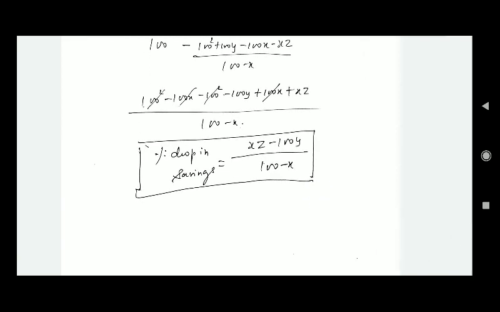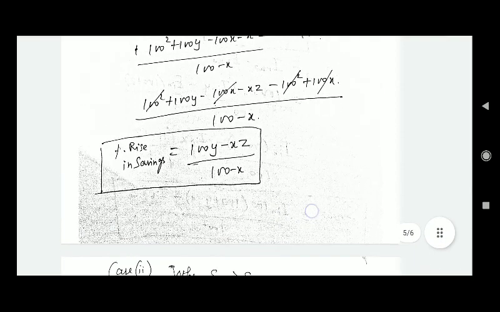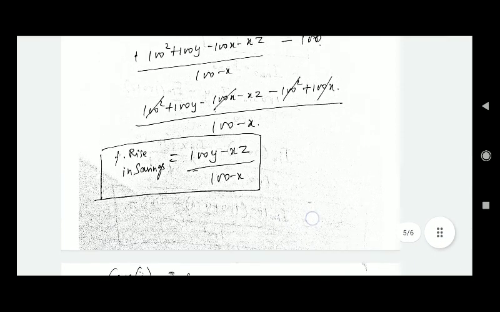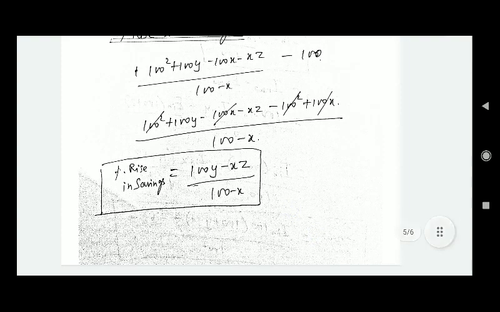If we substitute any of these two equations in the example that we considered earlier, we would be able to solve it much easier. Say for example, in the example that we considered, y was nothing but 20. There was a 20% rise in income.